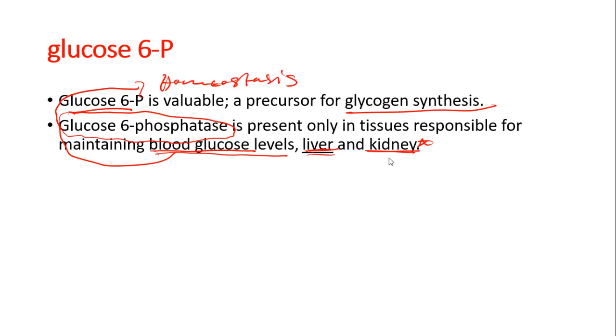So the liver and the kidney are playing a role in the maintenance of blood glucose in the body. And because of that responsibility, they are one of the few organs that are able to have this enzyme.